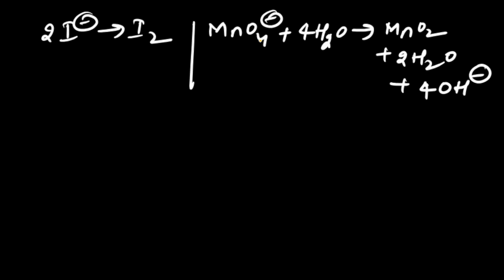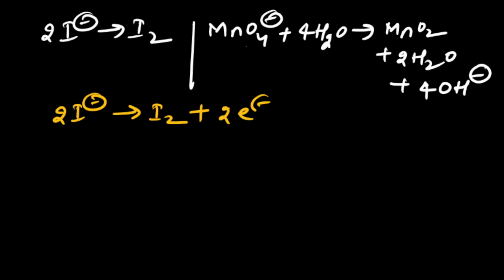Now you see, are oxygens and hydrogens balanced or not? Total how many oxygens do we have? 8. Here 4 plus 4, 8. Here 4, here 2, here 2, 4, here 4, 8. Hydrogens 8, here 4, here 4. Total balance. Then after that, we have to balance the electrons. I minus gives rise to I2. For 1 iodine, how many electrons has it lost? 1 electron. So for 2 iodines, it will lose 2 electrons.